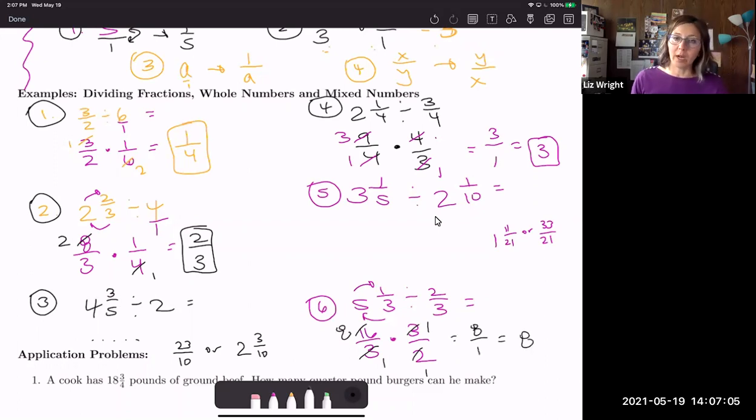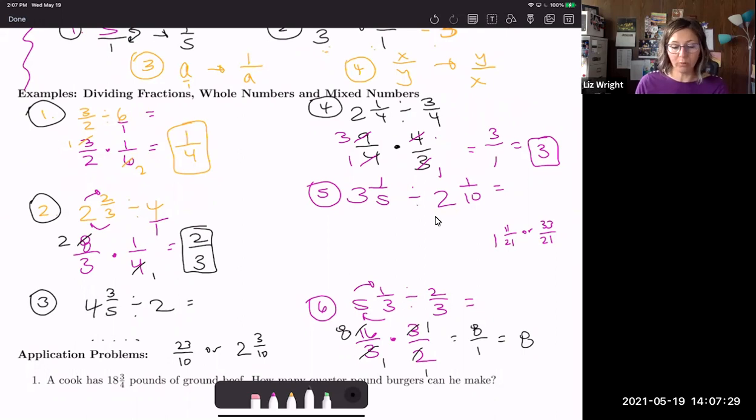Please also remember, I know I'm doing some of this simplifying fast. If you don't remember that, you can go back to the topic of simplifying fractions where I went through it at a much slower pace. So if you're like, oh my gosh, that's so fast, I can't keep up, go back and look at that other topic, or just put me in slow motion here as we're going through it.